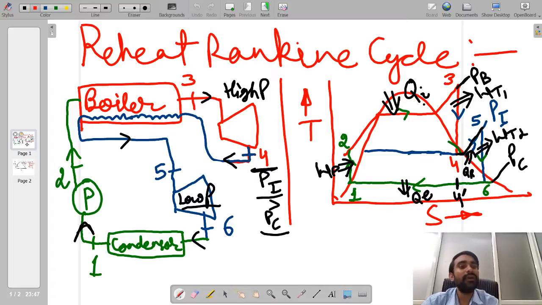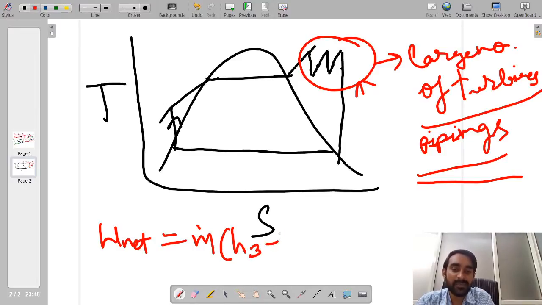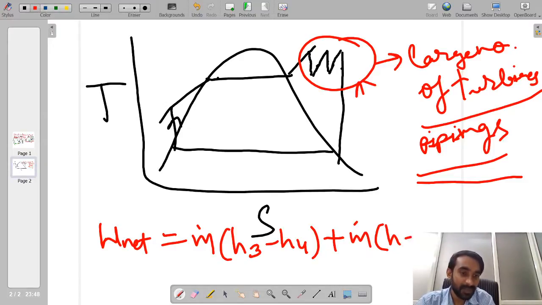As I told you in the earlier slide, if we have to analyze our reheat cycle, our net work now will be the mass flow rate of steam into H3 minus H4, plus mass flow rate of steam into H5 minus H6, minus the mass flow rate of steam into H2 minus H1.